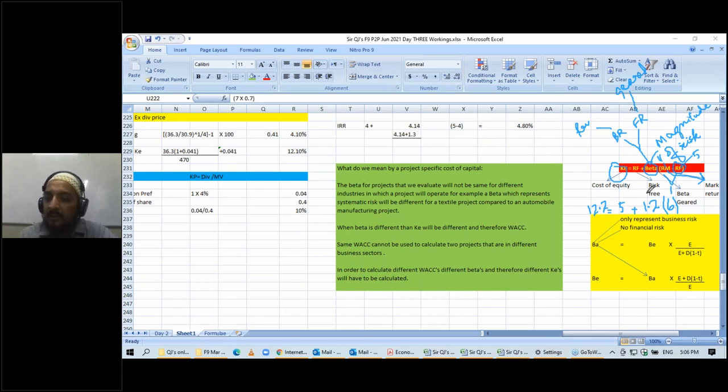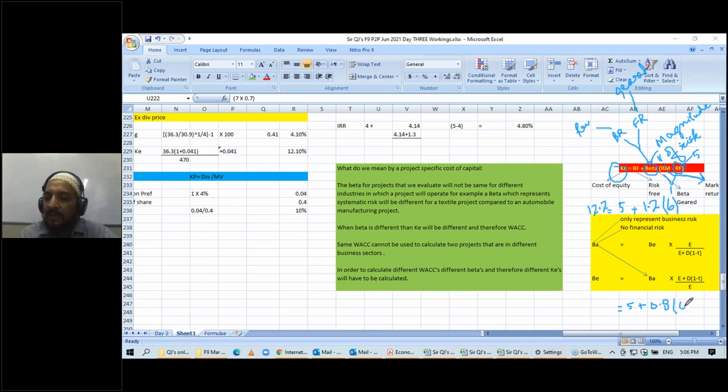Now suppose in the same case, the project would have been less risky than the market portfolio, and the fluctuation in the cash flows in future is supposed to be lower than the market portfolio, then the beta will be less than 1 and the beta will be 0.8.